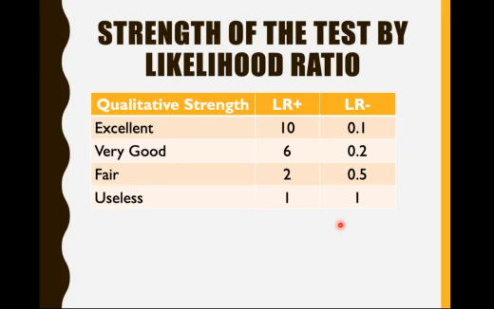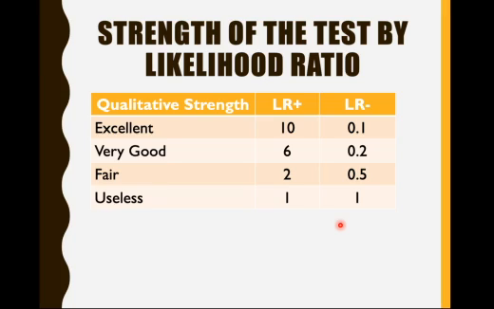Now my next question is, when do we get a likelihood ratio positive equal to 1 and at the same time the likelihood ratio negative is also equal to 1? When do we get that? We can only get it if the sensitivity is 50% and the specificity is also 50%. If the sensitivity is 50%, the false negative rate is also 50%.